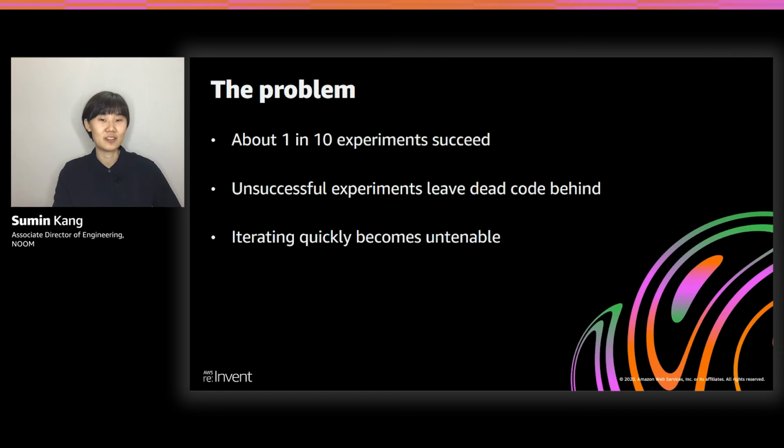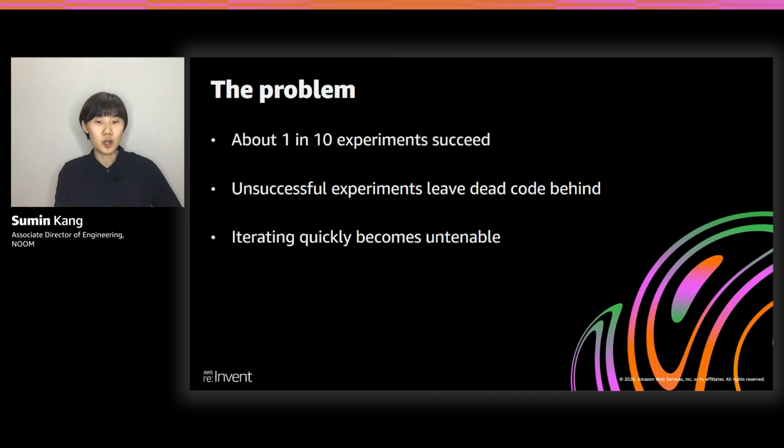That means that for every successful experiment, we had 9 experiments worth of unused features or dead code left behind in our codebase. What that means is iterating quickly becomes untenable because we have to spend the extra effort to clean up the codebase or work around the dead code.